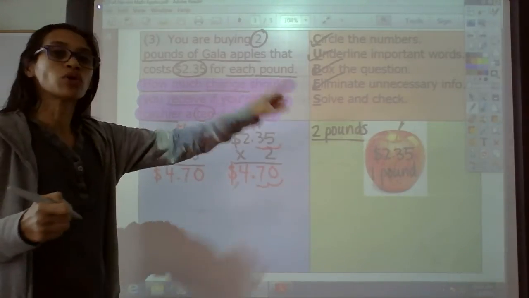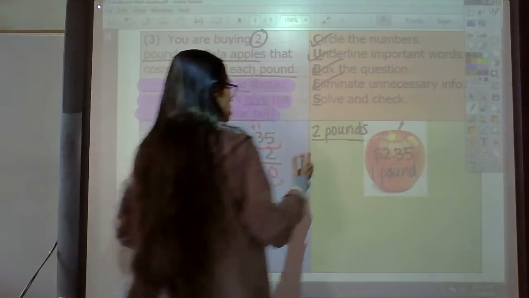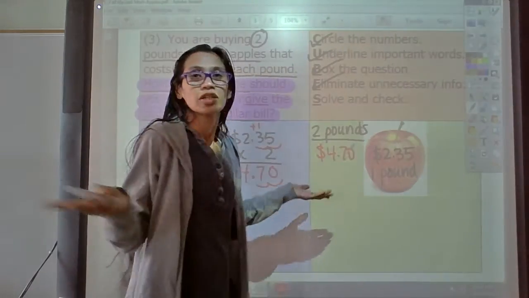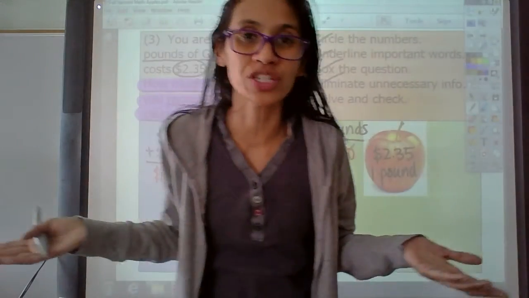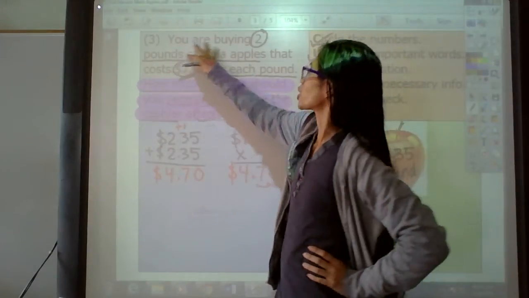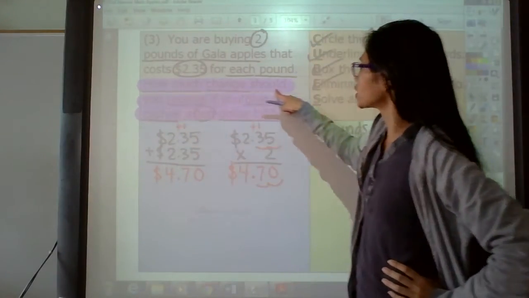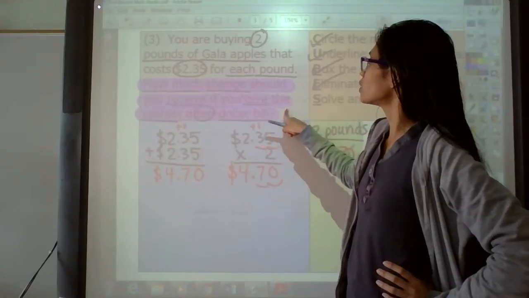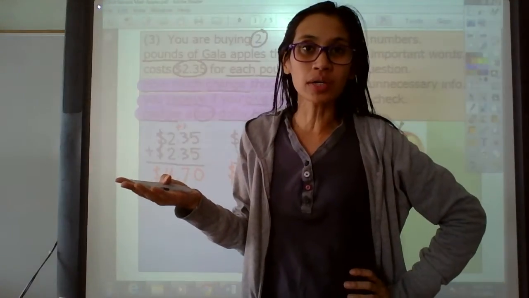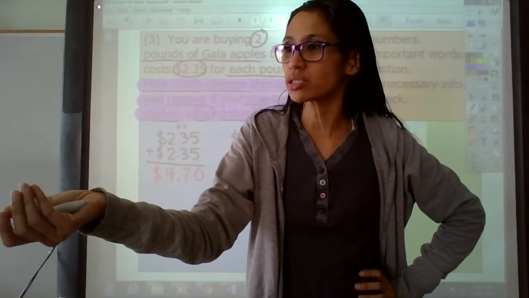So I know 2 pounds cost $4.70. But guess what? We're not done. There's another step. Let's do the next part of the problem. How much change should you receive if you give the cashier a $10 bill? So we're at the store and you give them $10.